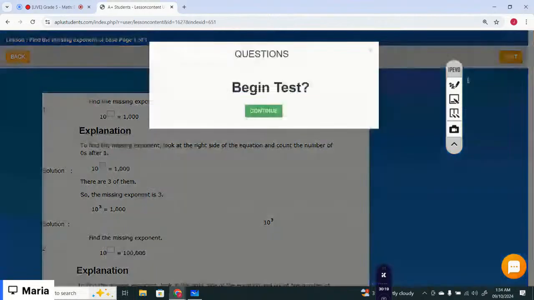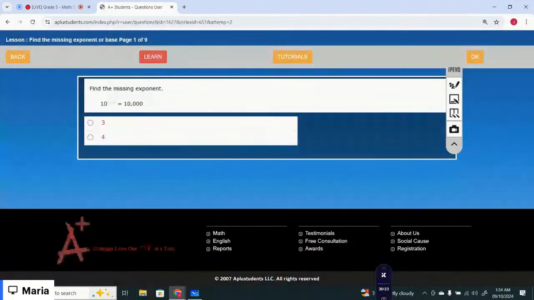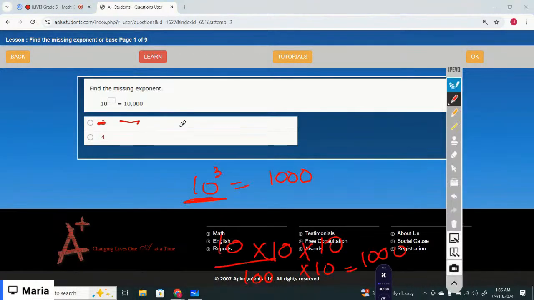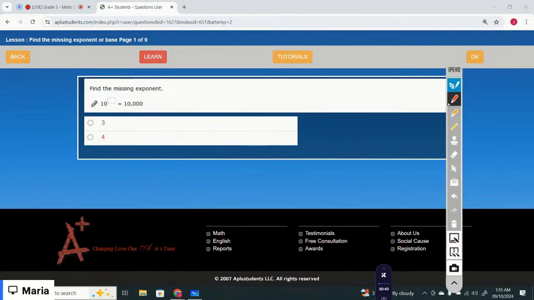Let's just start with the test questions. Okay, you need to find the exponent of 10. You are given 10,000. So which is the exponent of 10? You need to count the number of zeros with this number. They are 1, 2, 3, 4.